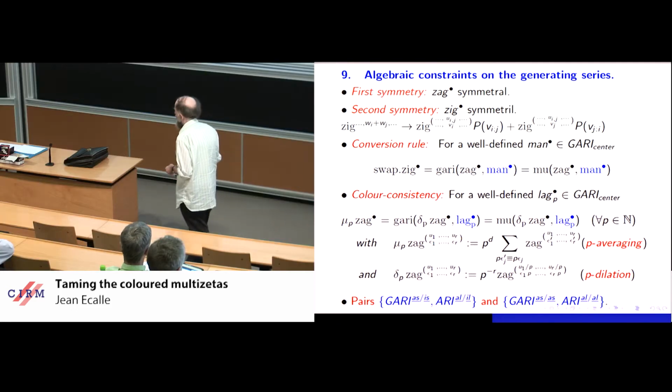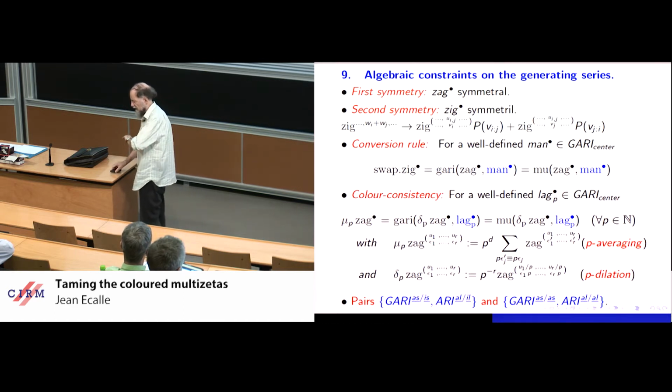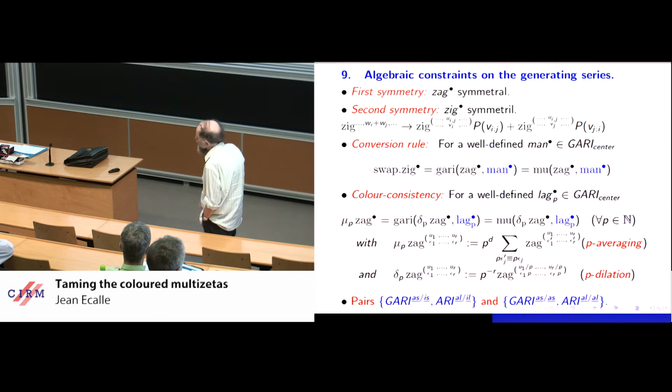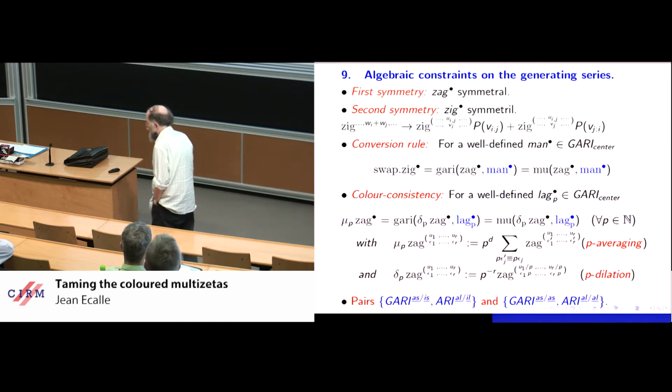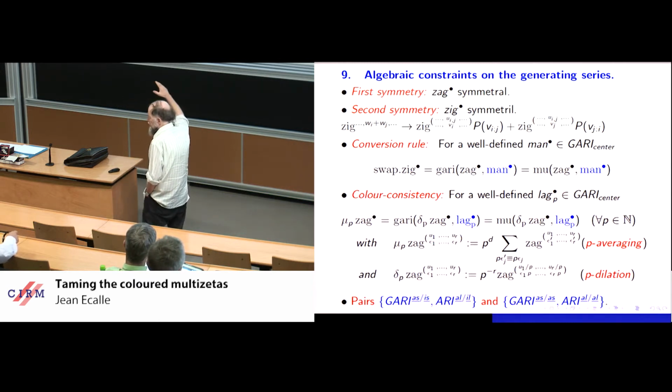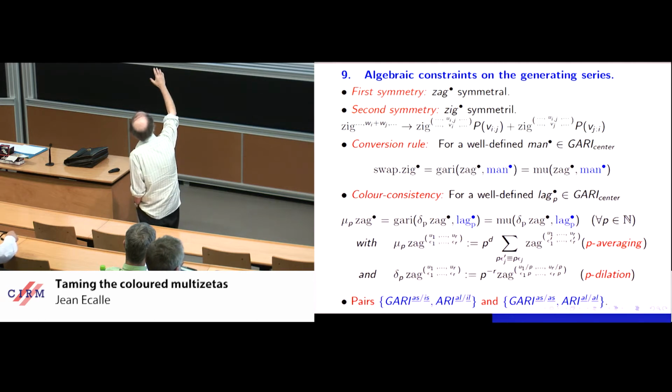So let us see how the algebraic constraints which we are going to exploit change under this change from scalars to generating functions. The first symmetry doesn't change. It's the second symmetry.